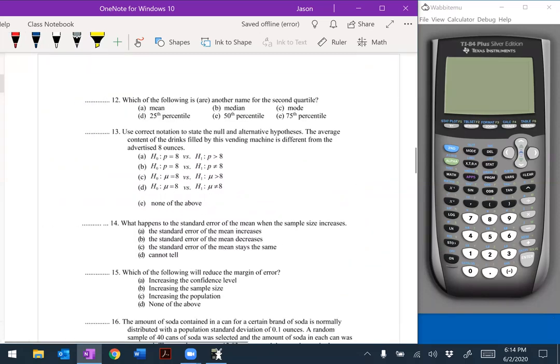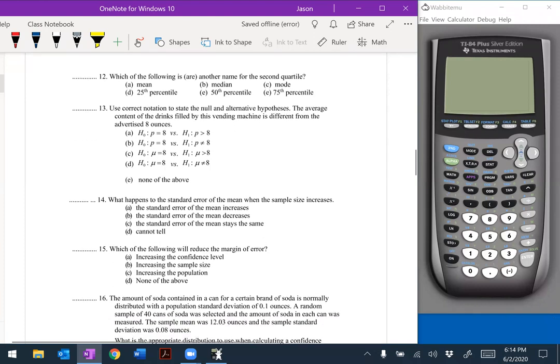Okay, moving on. Which of the following are another name for the second quartile? Well, what is the second quartile? Second quartile, Q2.